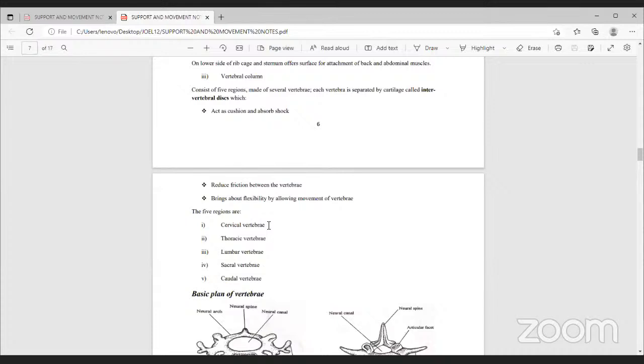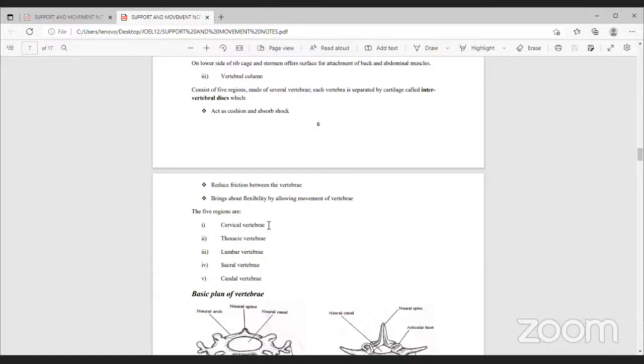Usually they are 12 in number. So we have cervical vertebrae found in the neck region, they are 7. Thoracic vertebrae are found in the chest region, and they are 12 in number.